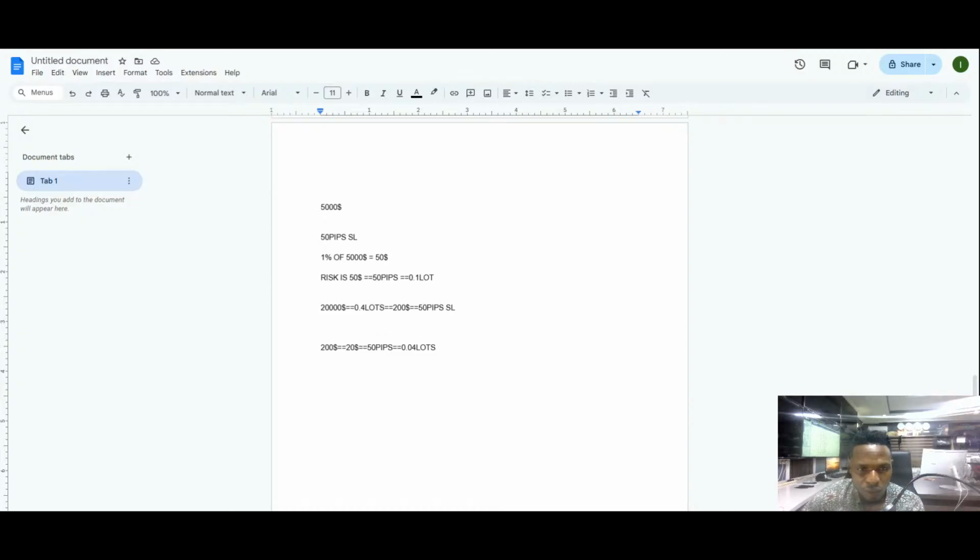You can also use the calculator. It's still the same thing. It will definitely give you the right lot size you should use based on the information you input. But before you can input information, you must know how much you are willing to lose, the percentage you're willing to lose, and where your stop loss will be. You must know the two of them before you can get your lot size.